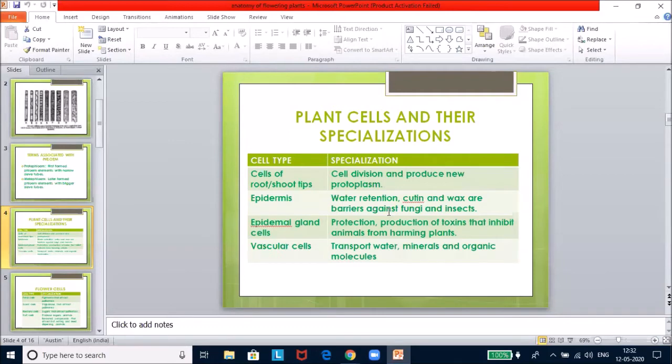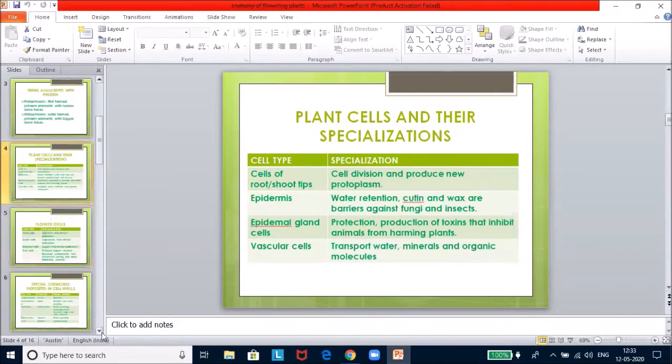Epidermis helps in water retention. Cutin and wax act as barriers against fungi and insects. Epidermal gland cells help in production of toxins that inhibit animals from harming them, and vascular cells transport water, minerals and organic molecules. If you want, I'll give you 2 minutes to make a note of it.